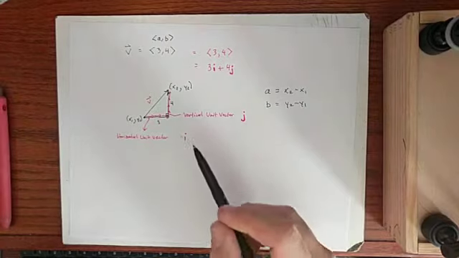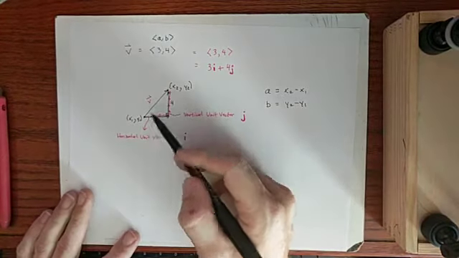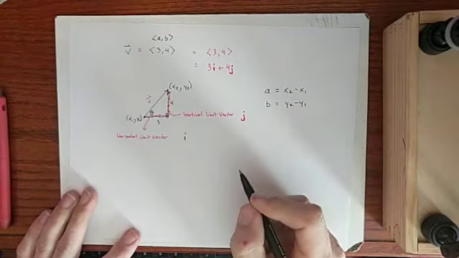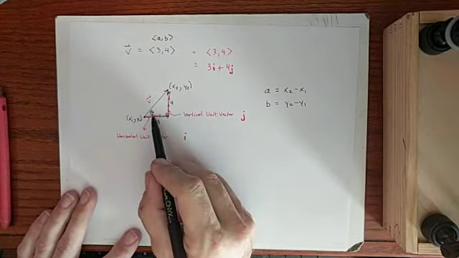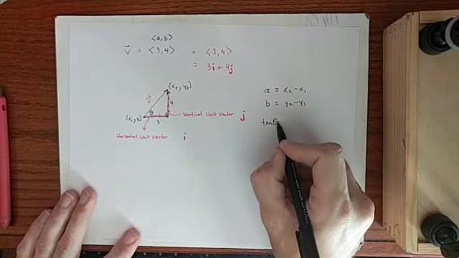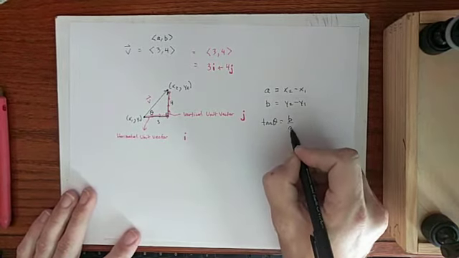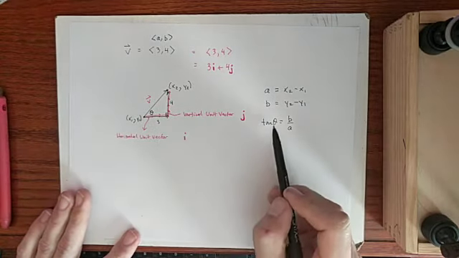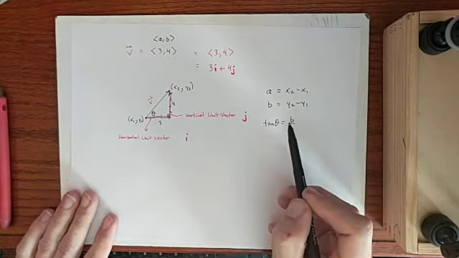Okay. You may need to solve not only for the hypotenuse, but you may need to solve for this angle right here. And this may sound familiar from last week, but this angle's tangent is b divided by a, which is the vertical component divided by the horizontal one. So you can find that angle by doing inverse tangent.